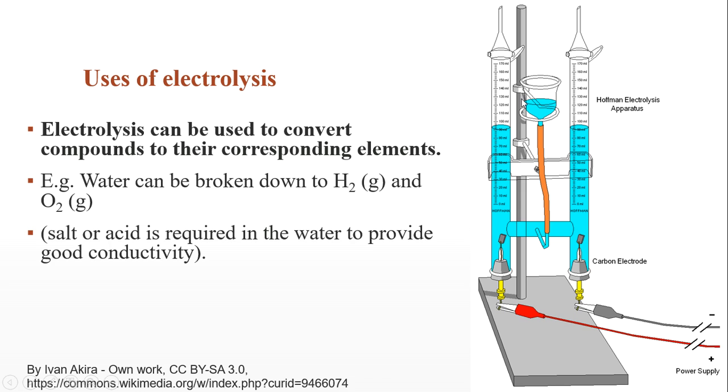And you can do this in, for example, a Hofmann electrolysis apparatus, where you can refill with water up here on the top, which goes down to here. As you apply a voltage over this, we will have gases being formed. The water will sort of go away as we will have an increased volume of gases up here.